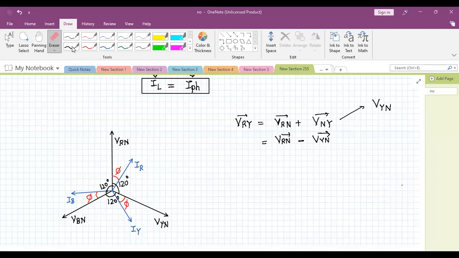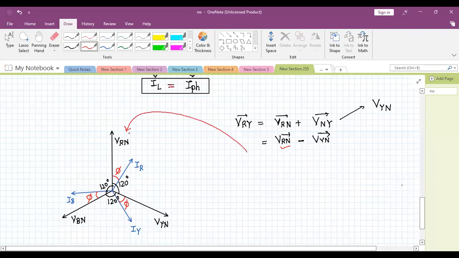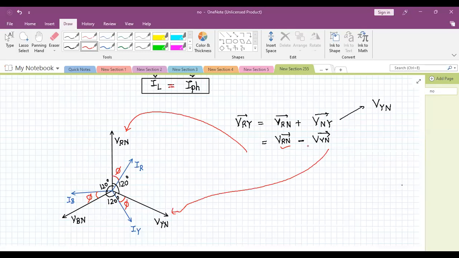Now tell me, in the figure, are you able to see the VRN? Yes. And are you able to see VYN? Yes. But for this VYN, which type do you require? You require a minus VYN.